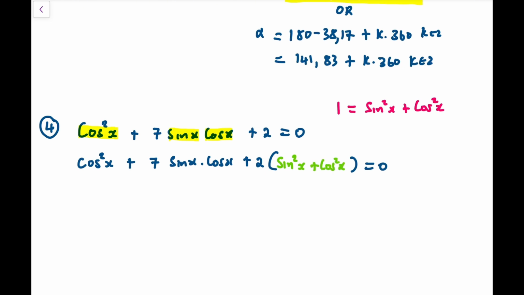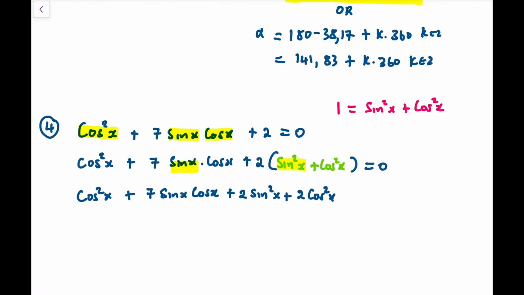I am trying to introduce this sine squared x to accommodate this sine x here. Now, I am going to have cos squared x plus 7 sine x cos x, and then multiply everything by 2. I'm going to have 2 sine squared x plus 2 cos squared x.